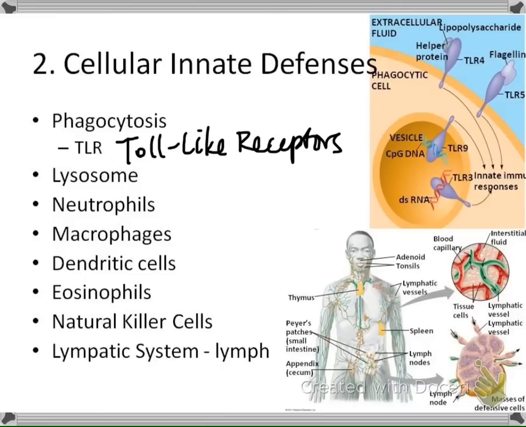You have TLR3. Is that in the picture? TLR3 here, on the inner surface of endocytic vesicles. And it's looking for double-stranded RNA, which is a characteristic of certain viruses. Then you have TLR4, which is on the outside of the plasma membrane, looking for lipopolysaccharides, which is found in many bacteria.